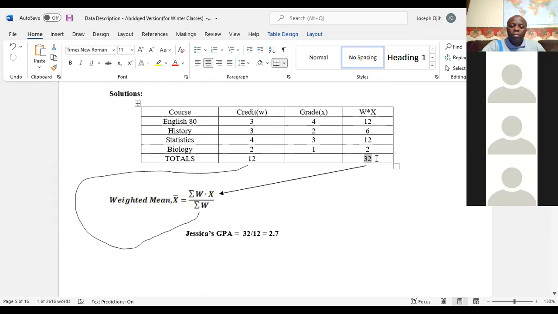So the numerator is the sum of W times X, which is 12 plus 6 plus 12 plus 2, giving 32. I thought it was the sum of W by itself. But W by itself is different. It's right here, 12.